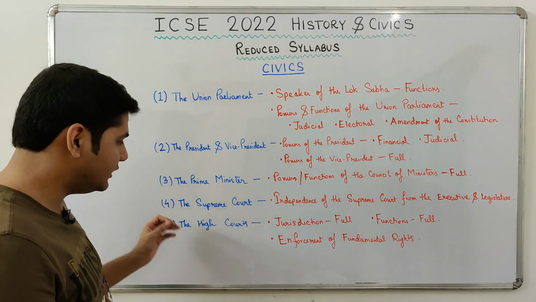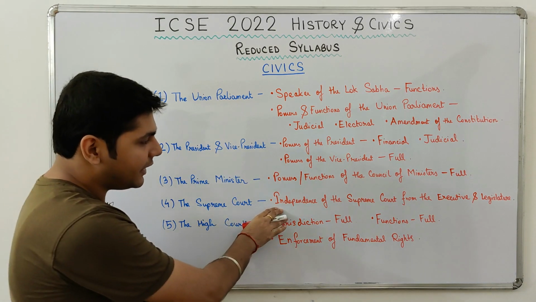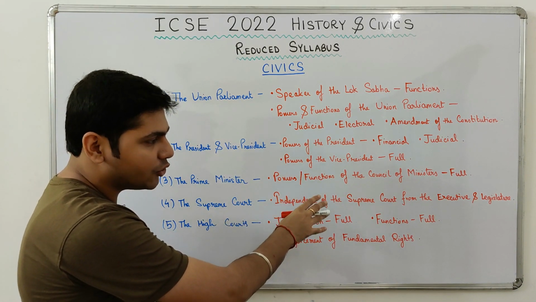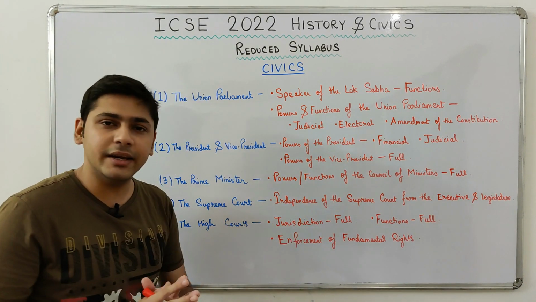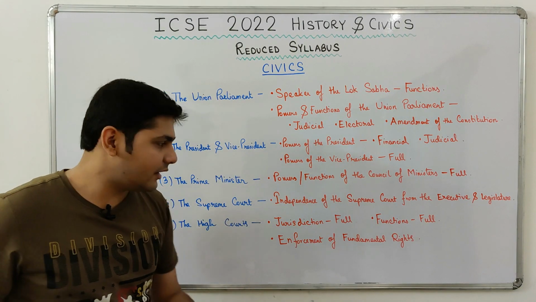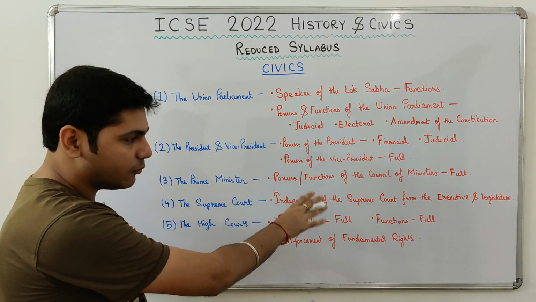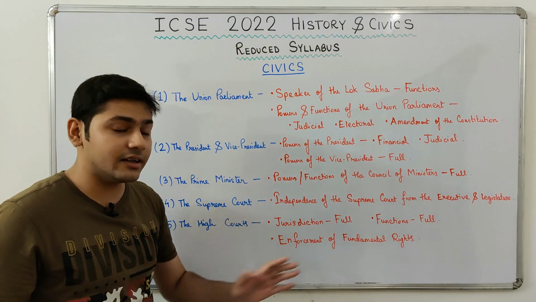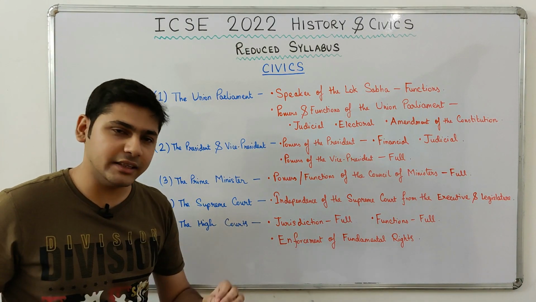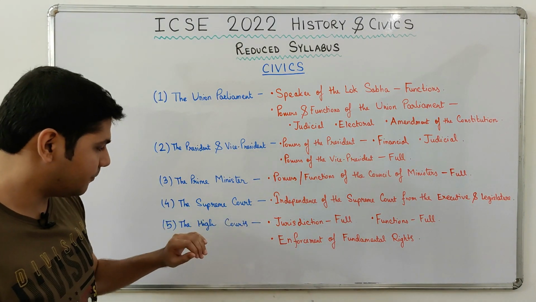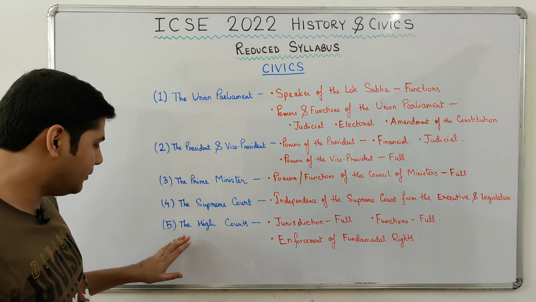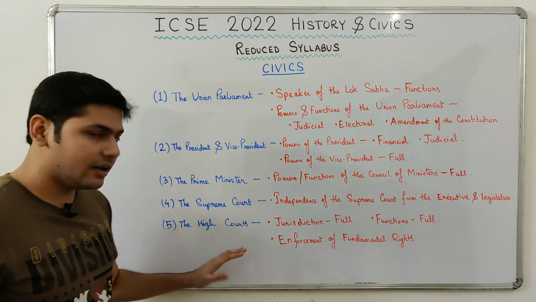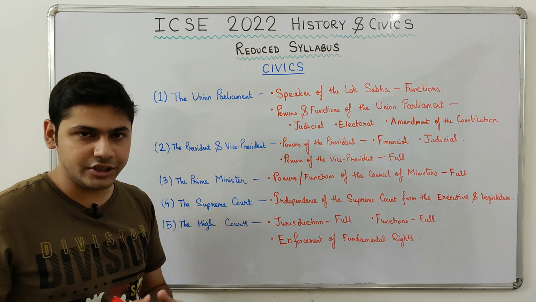From the chapter, the Supreme Court, independence of the Supreme Court from the executive and legislature has been removed. So the topic, the independence of the Supreme Court from the executive and legislature, has been removed from the chapter, the Supreme Court.